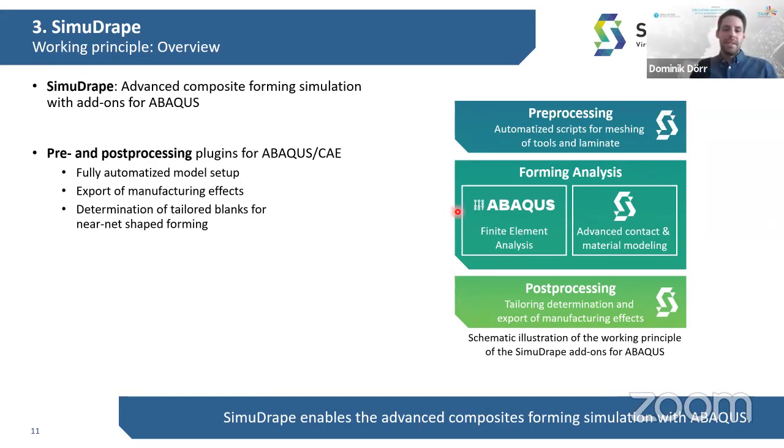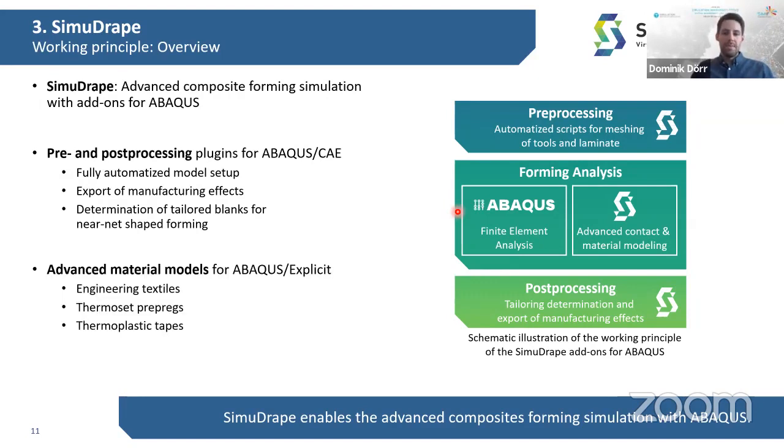Regarding the forming analysis itself, we are using Abaqus Explicit, and SimuDrape just supplies advanced contact and material modeling approaches for different types of pre-products. We are addressing engineering textiles, thermoset prepregs, and thermoplastic tapes. And again, thermoplastic tapes are the pre-product we are talking about today in detail.